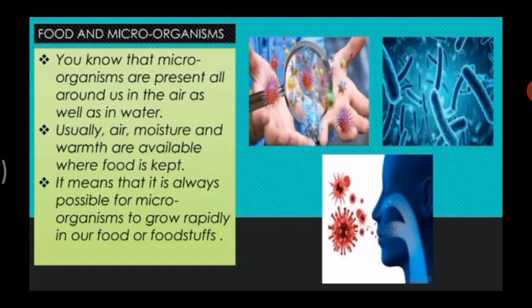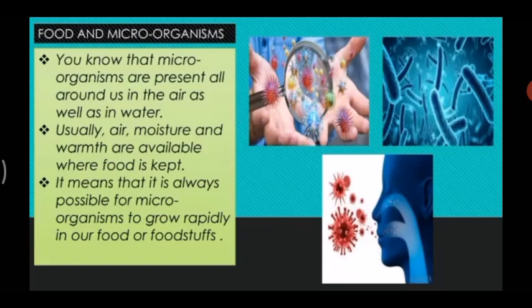Now moving on to the next point, food and microorganisms. You know that microorganisms are present all around us, in the air as well as in the water. And usually air, moisture and warmth are available where food is kept.